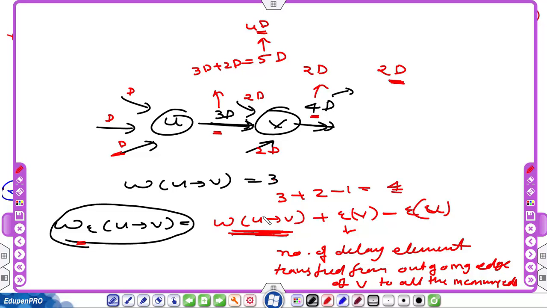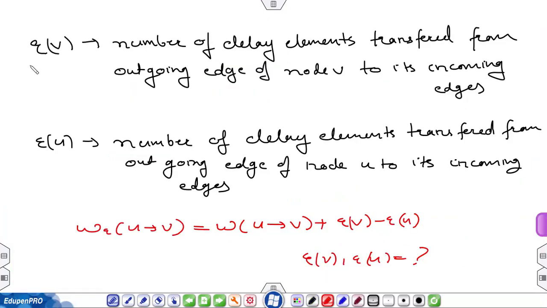This kind of approach we have to apply uniformly on all the nodes. Suppose you have n number of nodes, between every pair of nodes we have to apply this approach, and the final end result will be a proper retimed graph. RV can be defined as the number of delay elements transferred from the outgoing edge of node V to its incoming edges, and RU can be defined as the number of delay elements transferred from the outgoing edge of node U to its incoming edges.